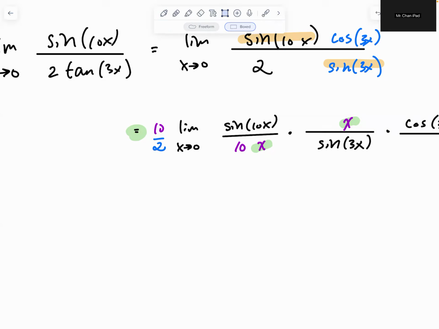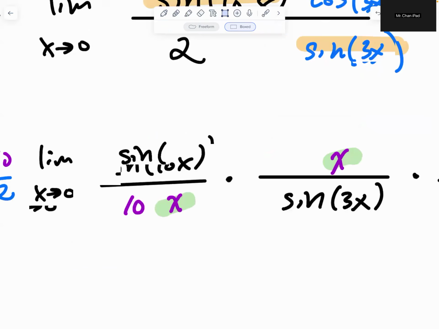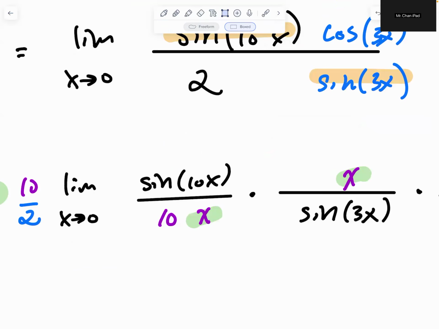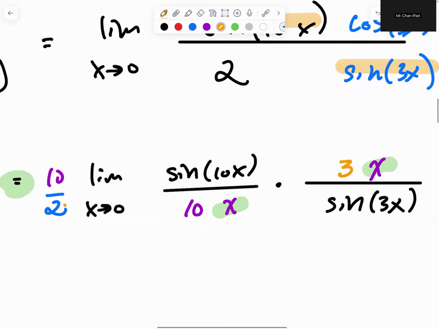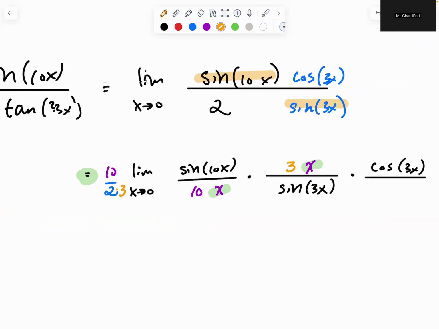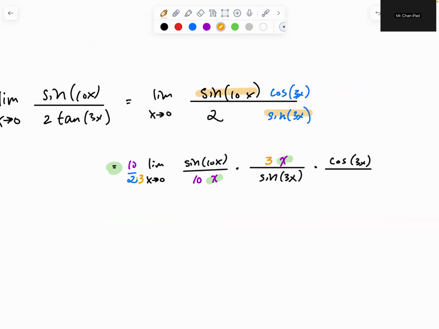So that's why we have x over x, and we happen to need an x in the second fraction as well. But what else do we need in the numerator of the second fraction? A 3. So 3 in the numerator and 3 in the denominator. That's also equal to 1. Now, are we good? If you take the limit of the first fraction as x approaches 0, that's equal to 1.